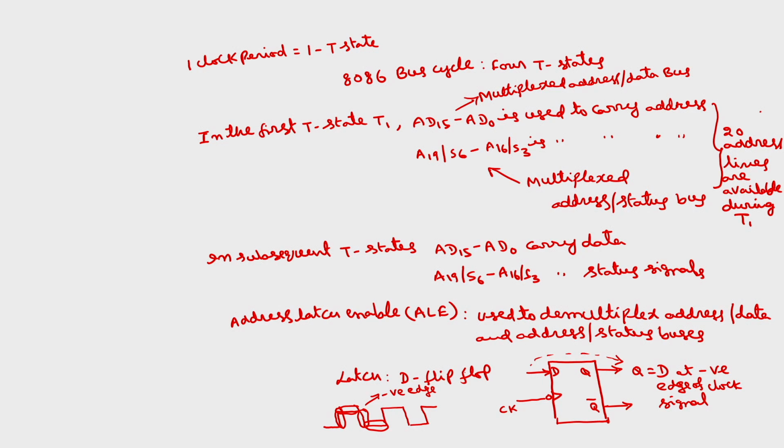If I use 8 such latches inside an IC, it is called an octal latch. There are some ICs available which act as an octal latch, which is the 8282.